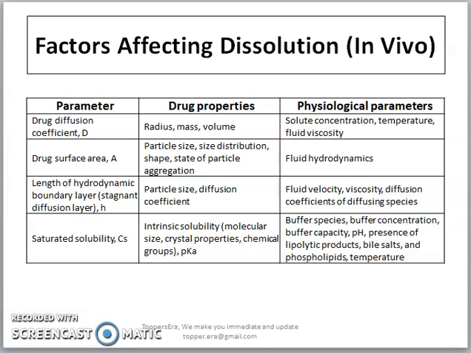The third parameter is the length of the hydrodynamic boundary layer. This is also called the stagnant diffusion layer. It depends on particle size and diffusion coefficient of the dosage form. Physiological parameters like fluid velocity, viscosity and diffusion coefficient of the diffusing species also affect the length of the hydrodynamic boundary.